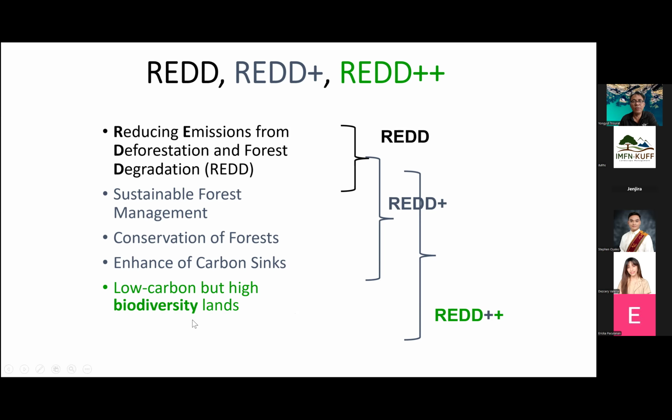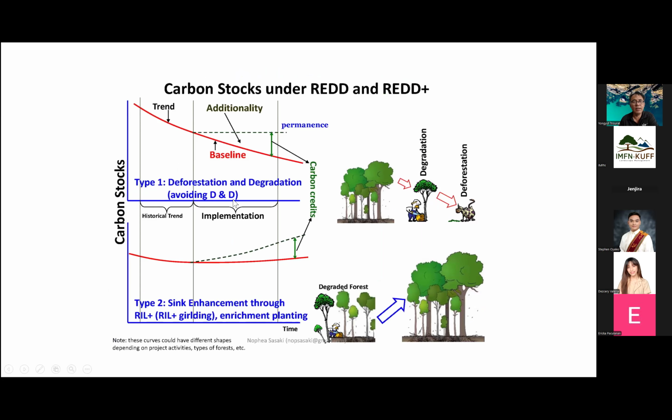But right now, they have the REDD plus. So they're not only carbon, but biodiversity and ecosystem services are included in this mechanism. So this is the diagram of REDD plus. So if we have the degraded area and deforestation and degradation, so if we go the forest, so this one is the reduction.